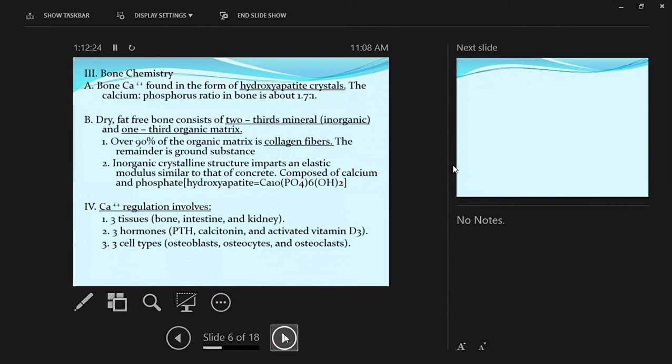But the difference is, in the cartilage, calcium salts don't precipitate in it. In the osteoid, the calcium salts readily precipitate in it, unlike the cartilage. Some of the osteoblasts will be trapped in the process of formation of collagen fibers.